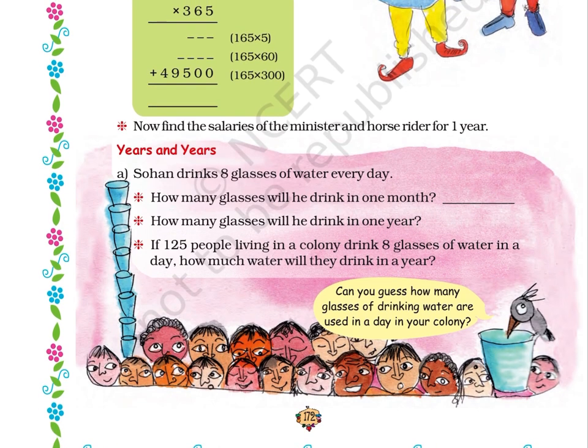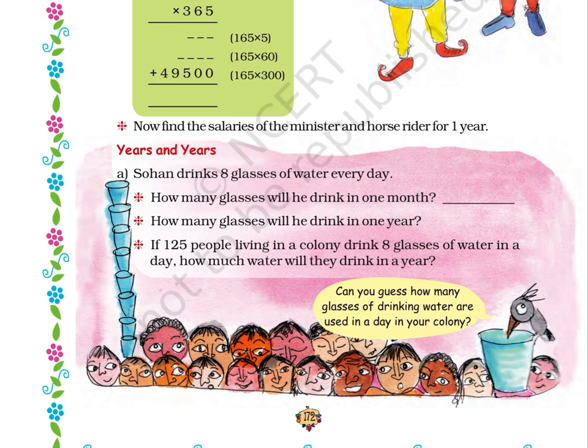Years and years. A. Sohan drinks 8 glasses of water every day. How many glasses will he drink in 1 month? Dash. How many glasses will he drink in 1 year? If 125 people living in a colony drink 8 glasses of water in a day, how much water will they drink in a year?